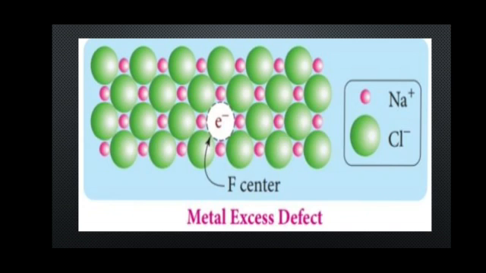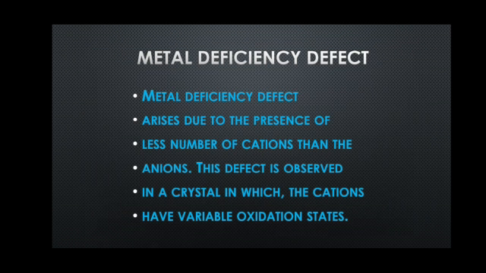It goes and occupies the Cl minus place inside the crystal lattice structure. That vacant place occupied by the electron is what we call an F center. The electron lost by the sodium vapor occupies the Cl minus ion's position in the crystal lattice structure.